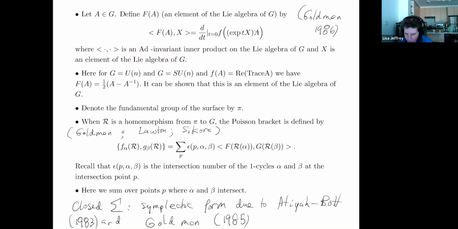We'll get to that later on. But in the case where the surface is closed, it was first defined by Goldman, and you sum over the intersection points of alpha and beta, and you take the inner product of F of R of alpha and G of R of beta, where capital F is associated to little f and capital G is associated to little g in the way I described above.